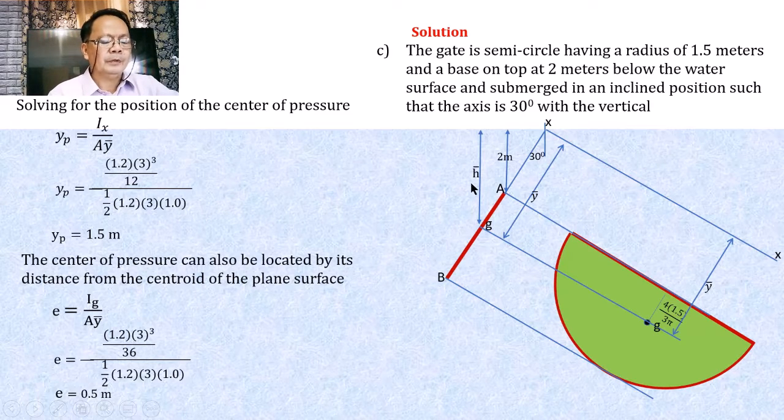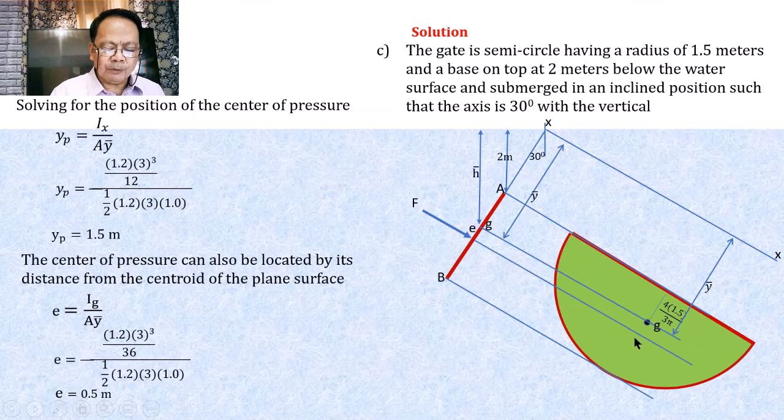Diba? So we would expect therefore that below G will be subjected to hydrostatic force F at a distance equal to E. And this position will be called as center of pressure. Center of pressure. And it is also important that we define the position of this F from the reference x-axis at tawagin natin siyang y sub p.